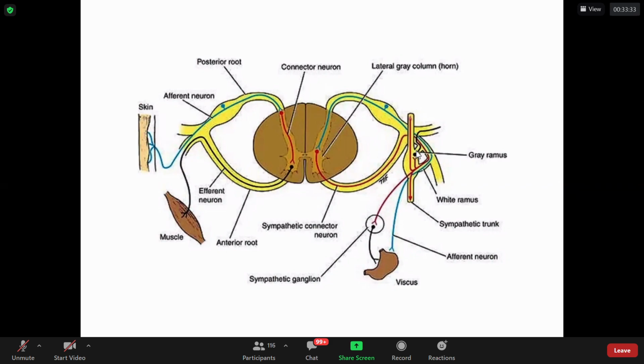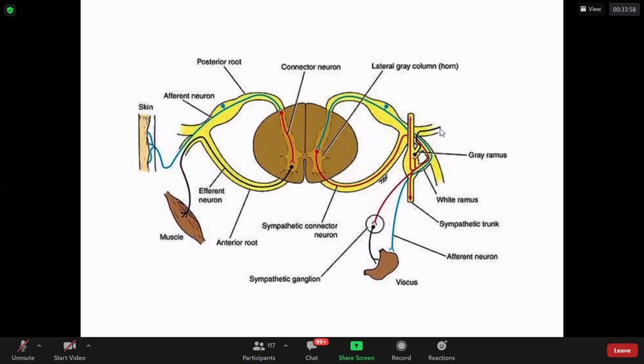They may end up here, and the final third order neuron, the postganglionic neuron, may pass from here and go back to either the dorsal ramus or the ventral ramus, and that actually reaches its target.